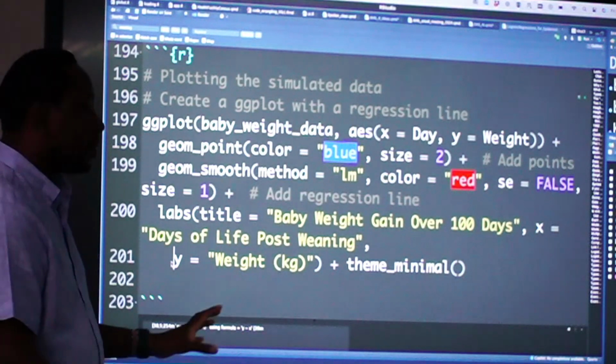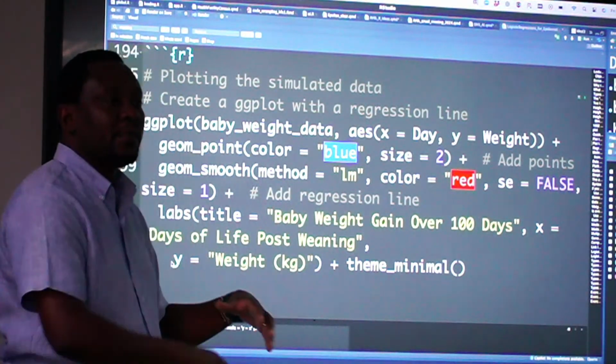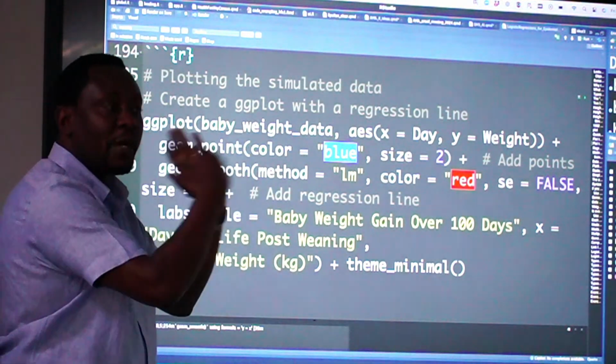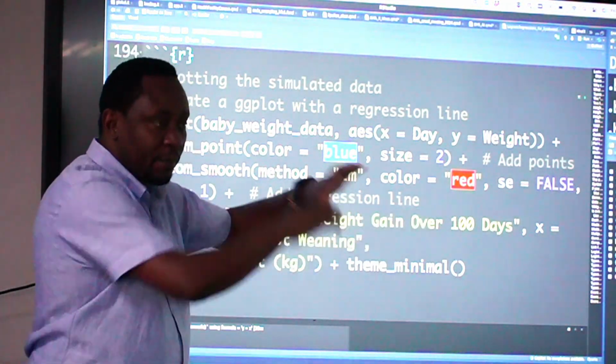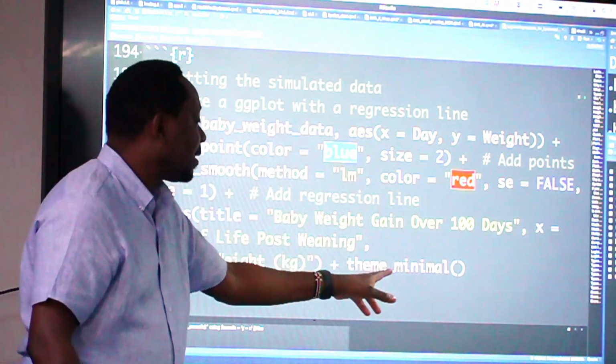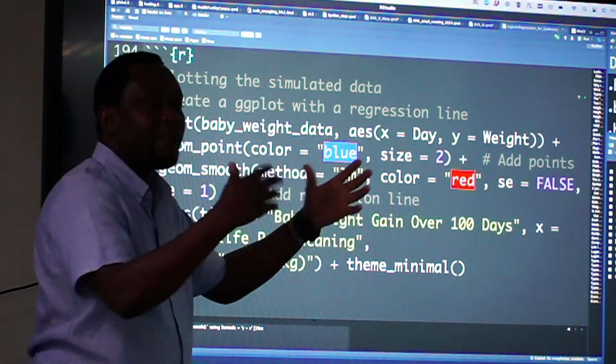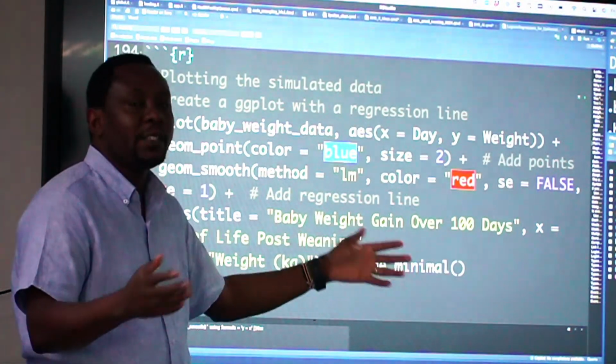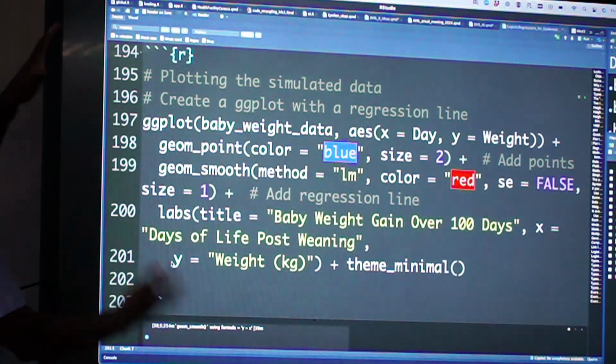And then the theme minimal means don't give me too much colors. I just want to see white and black, like for the main frame. So this takes a function that says I want a graphic that looks like this. You can remove it if you want, or you can keep it. So that's what that code is supposed to do. Run it and let's see what you get.